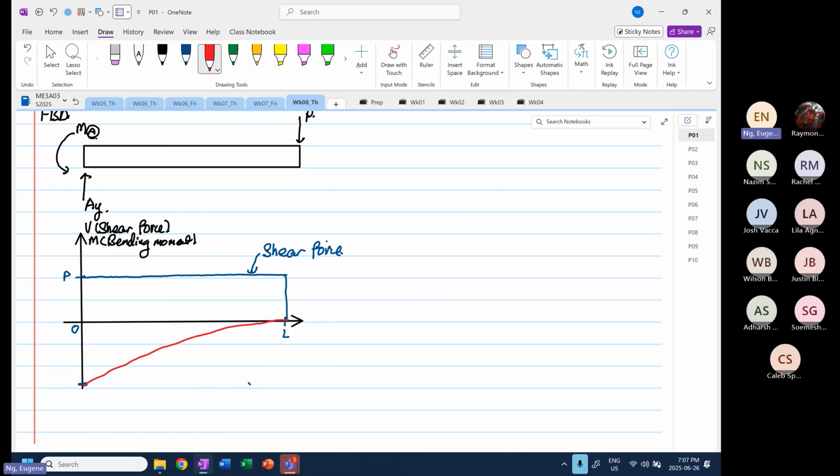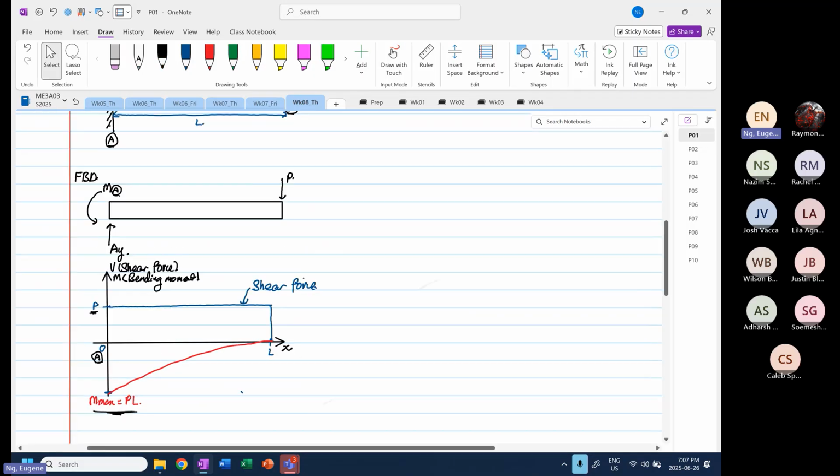So over here, our Mx is equal to P multiplied by L. That's our Mx, so this is where x is equal to 0. This is also our point A. The failure occurs due to twofold reasons: we have maximum bending moment, and we also have a shear force that is also at its maximum, that's P.